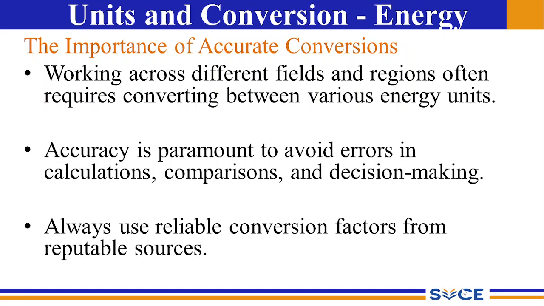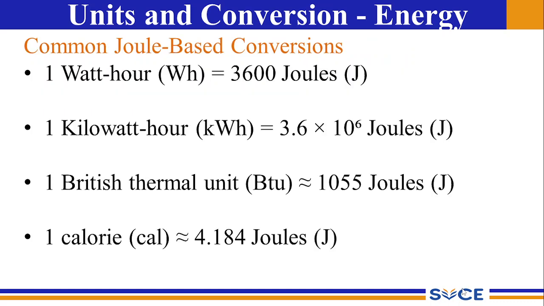Now we will have a brief outline of the conversion values. The first one is joule-based conversion. We have all seen these things in our previous slides, just a recap. 1 watt hour is equal to 3600 joules, since it refers to 3600 seconds. 1 kilowatt hour is equal to 3.6 into 10 power 6 joules.